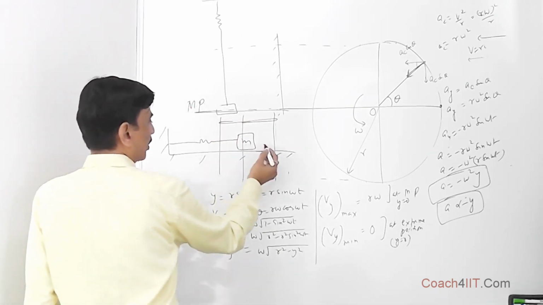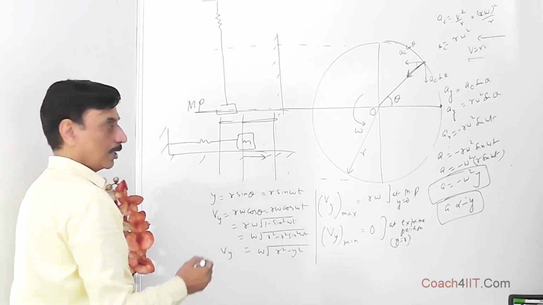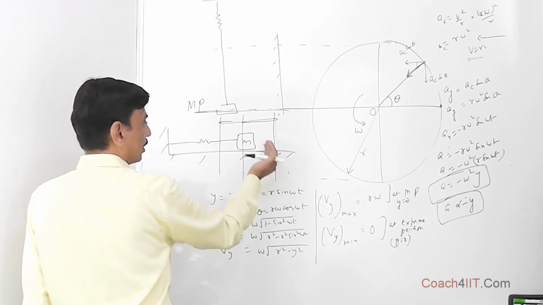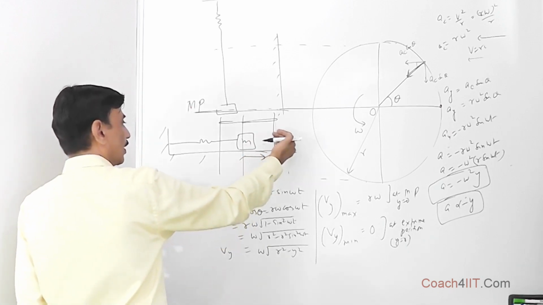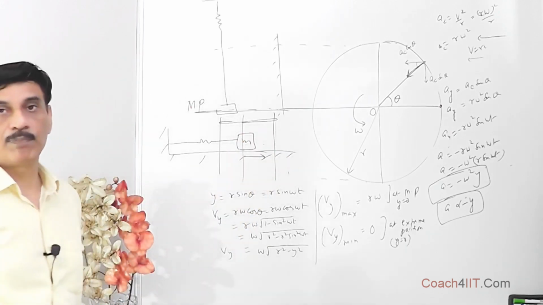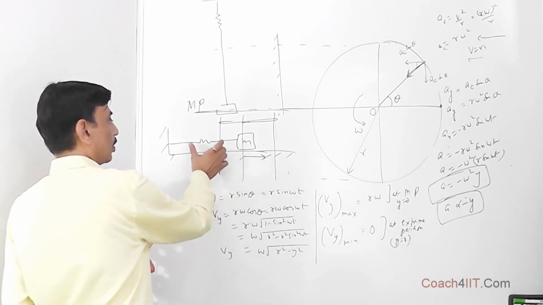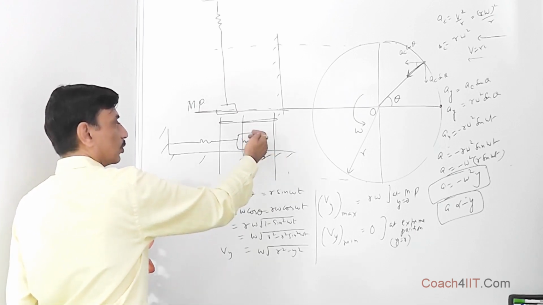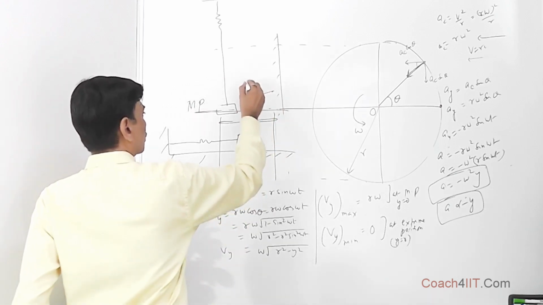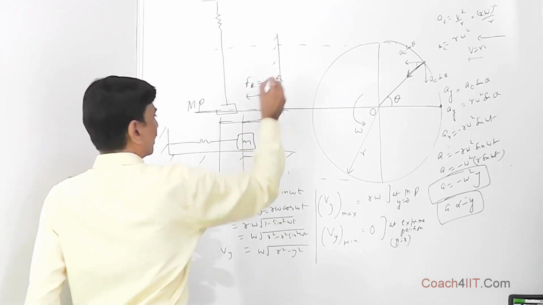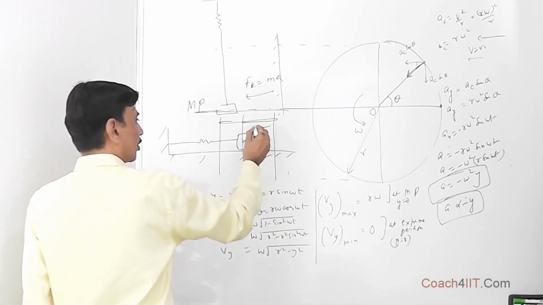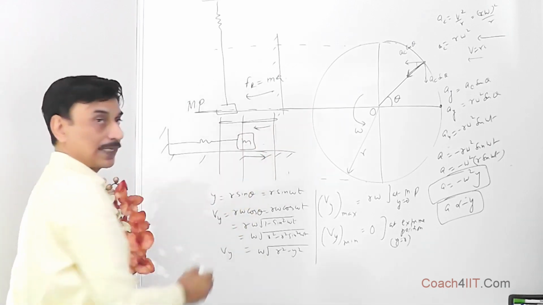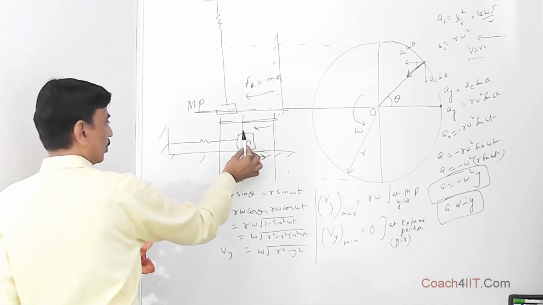When it is displaced in this direction, the spring is stretched, so the restoring force is in the opposite direction. Restoring force is mass into acceleration, so the acceleration is also directed this way. The displacement is in one direction and the acceleration in the other, so they are oppositely directed. The same applies when the body goes the other way.